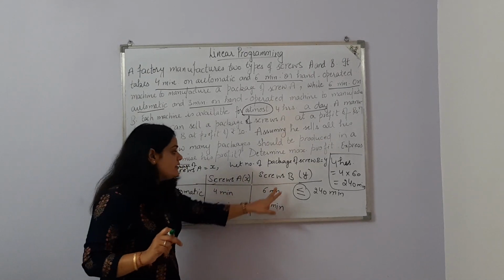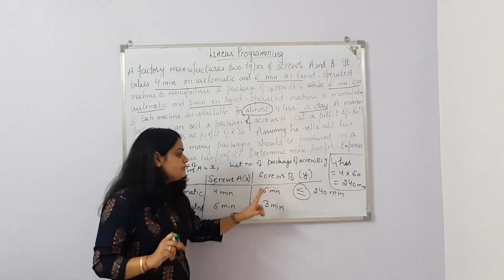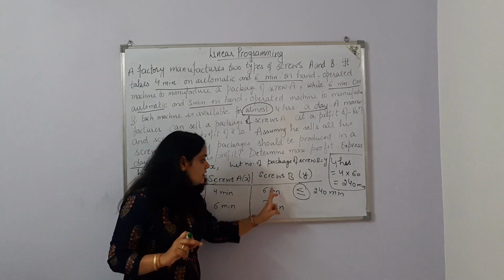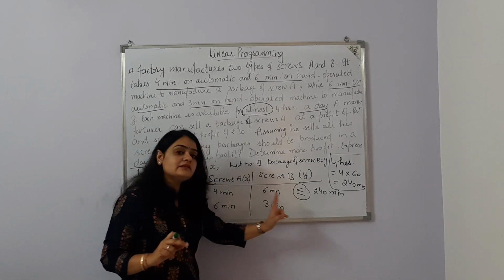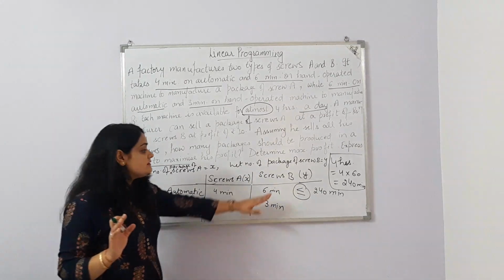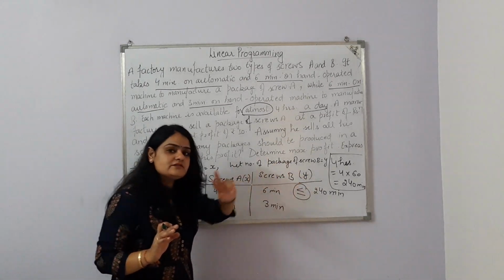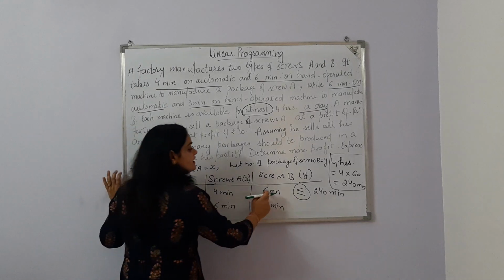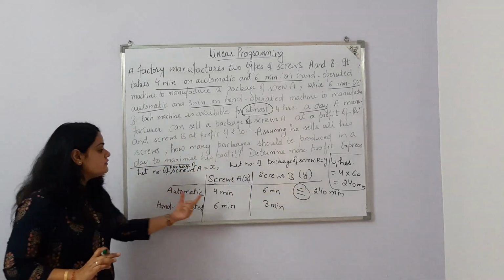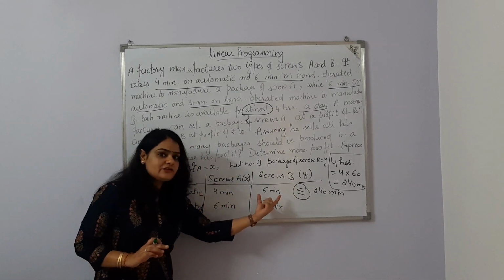To produce one package of screw B it takes 6 minutes, so if there are total Y packages of screw B, it takes 6Y minutes. So 4X minutes plus 6Y minutes.